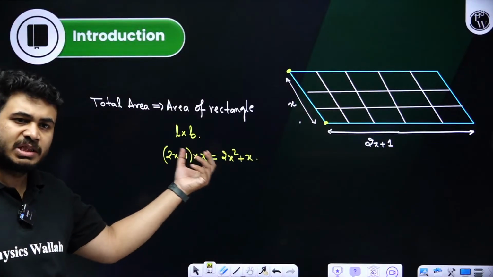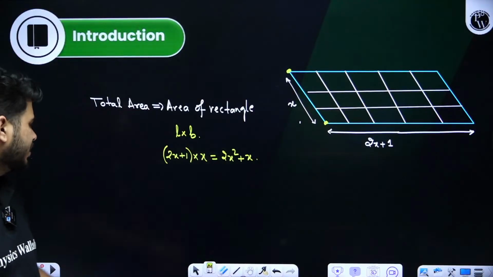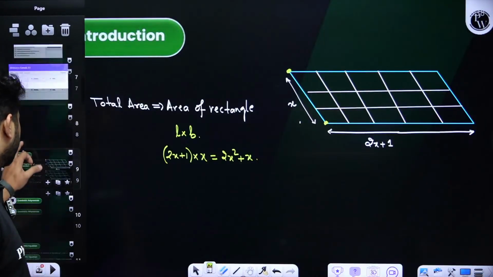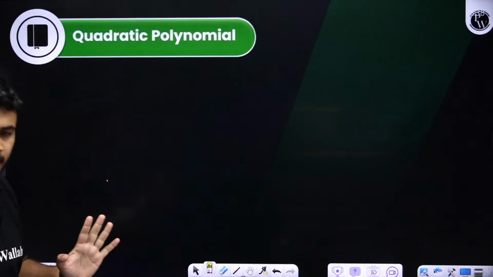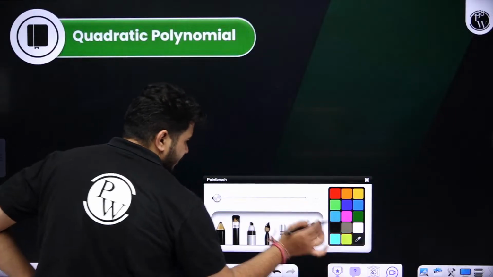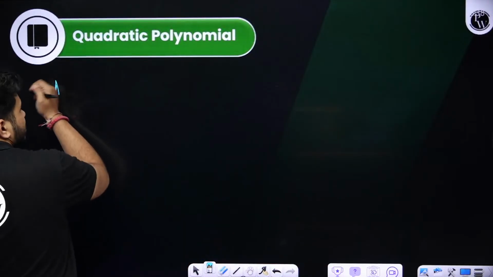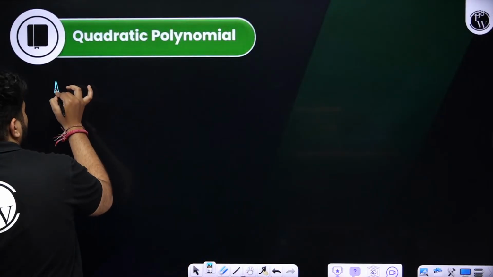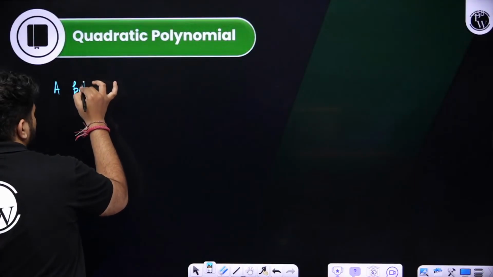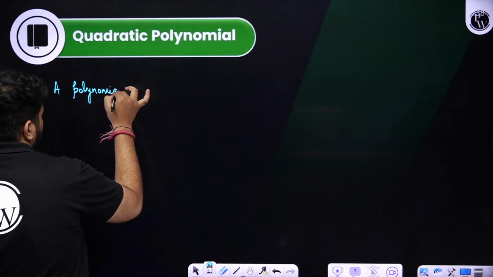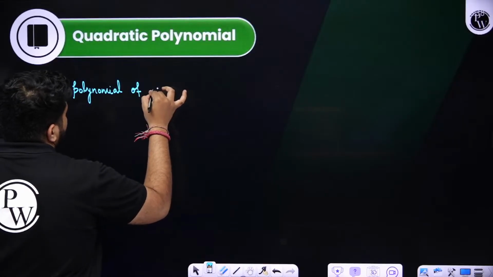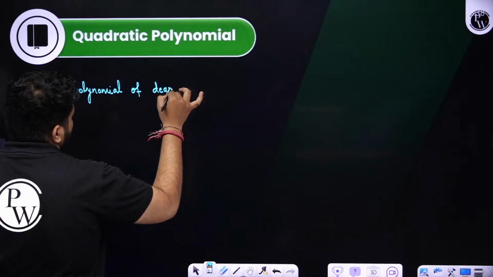If this type of equation is there, then we call it a quadratic polynomial, correct? What is a quadratic polynomial? A polynomial of degree 2. Clear?